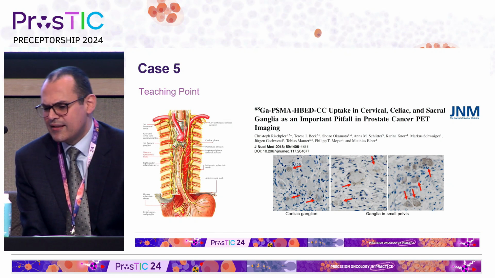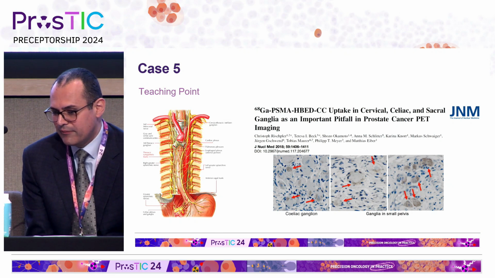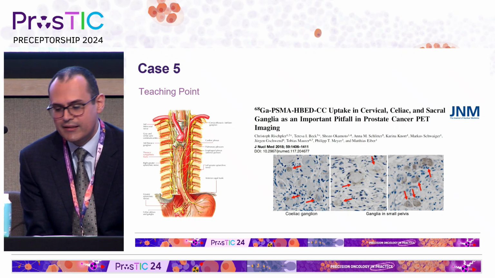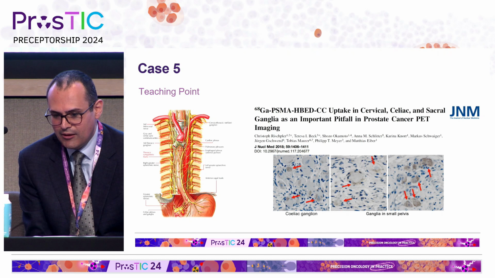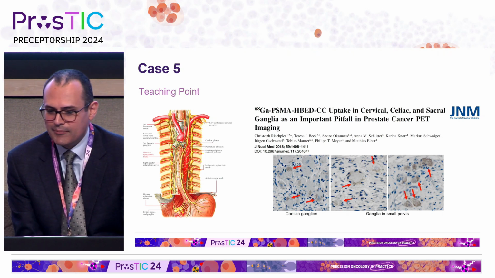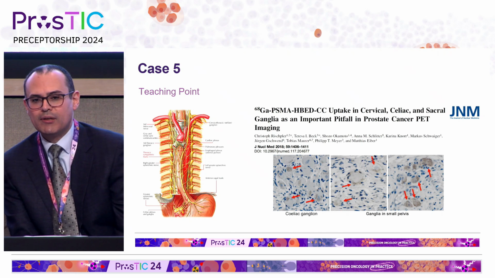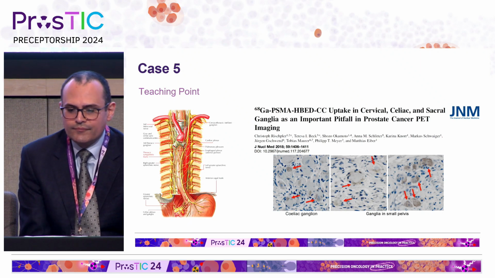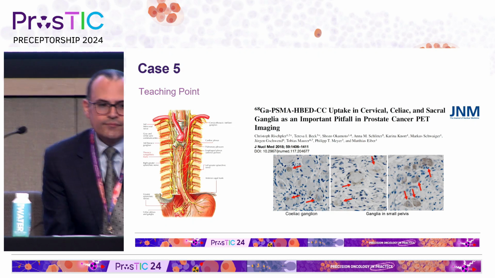Yeah, the other thing is quite commonly there'll be a little bit of uptake on the opposite side. There's two celiac ganglia, and whilst they're often asymmetric, there's usually a little bit of uptake on the other side as well. So those are some tips. You get pretty good at picking them on the CT, these little elongated structures.